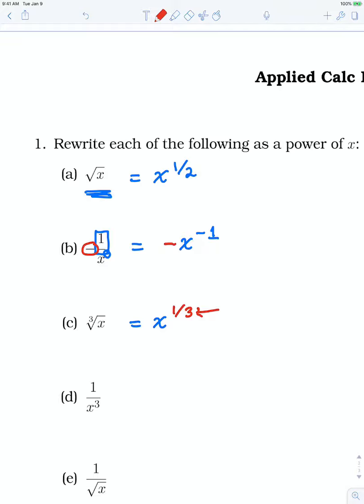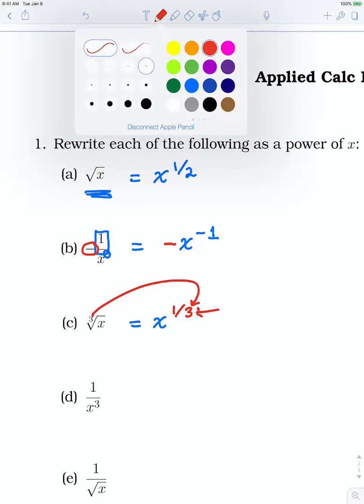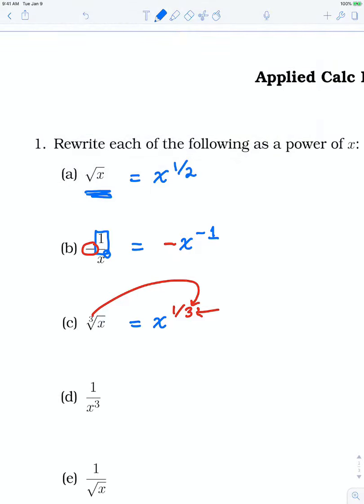So I'm trying to get this color coding to work there. There's the 3. And actually maybe it's better if I change that power to be 1 over the fraction, corresponding to the root.